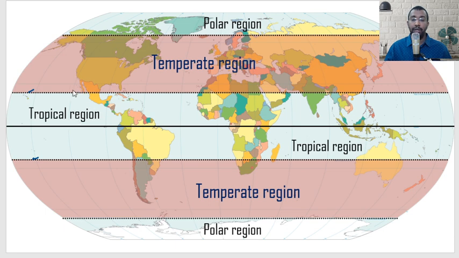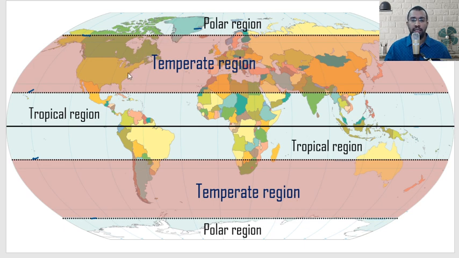The region beyond them until the latitudes of 66.5 degrees north, the Arctic Circle, and 66.5 degrees south, the Antarctic Circle, is considered the temperate region, and beyond 66.5 both north and south you consider it the polar region.